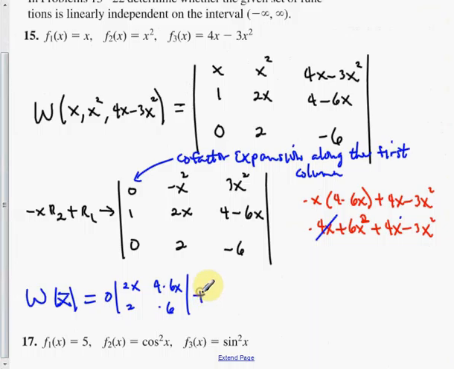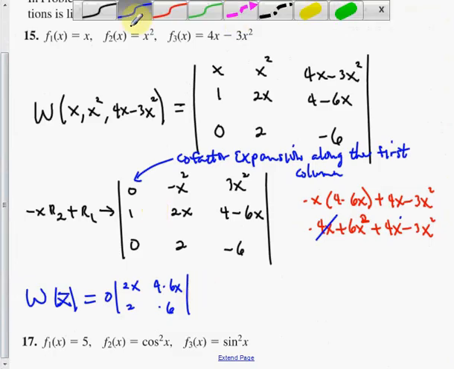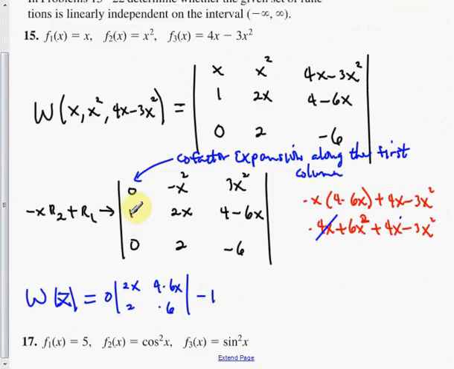And then it's plus, let's be negative. Minus this 1 times its subdeterminant. I get rid of its row and column. So this is negative x squared, 3x squared, 2, and negative 6.